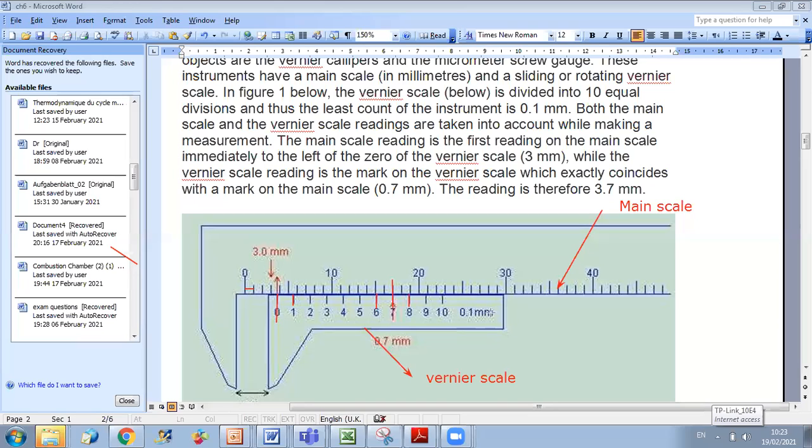So I can read up to an accuracy of 1/10 millimeter.